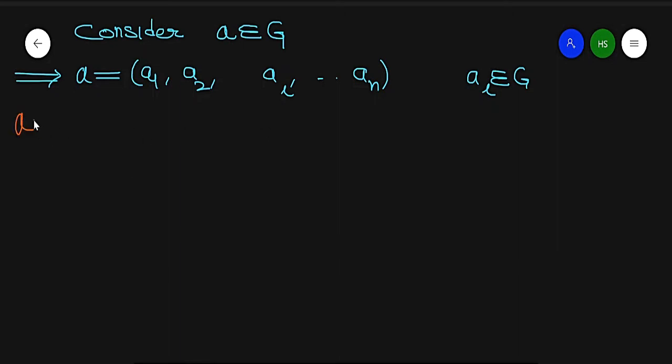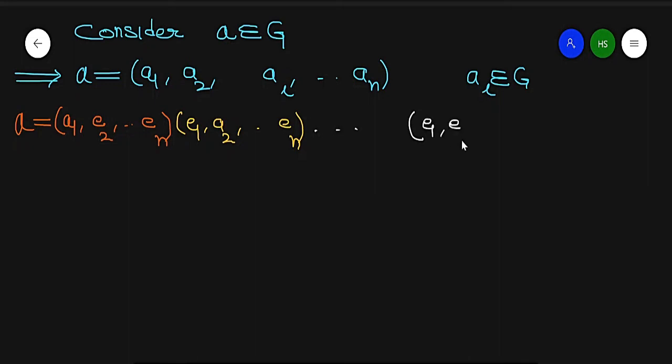Now this A can be written as (A1, E2, ..., En), this value is the first term. The second term I am writing (E1, A2, ..., En). Similarly the third term, and it goes to the nth term (E1, E2, ..., An).